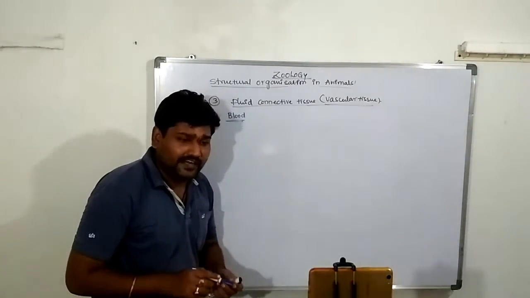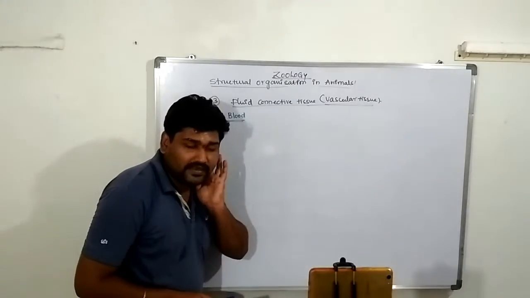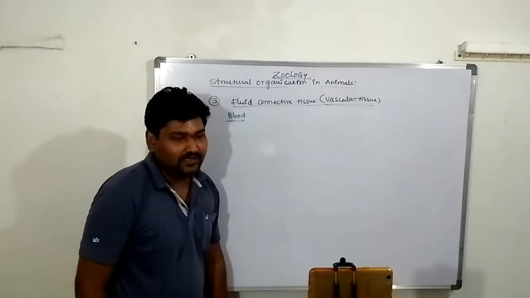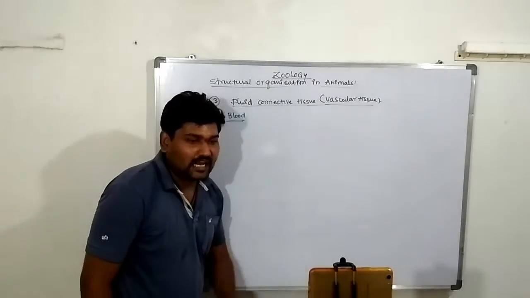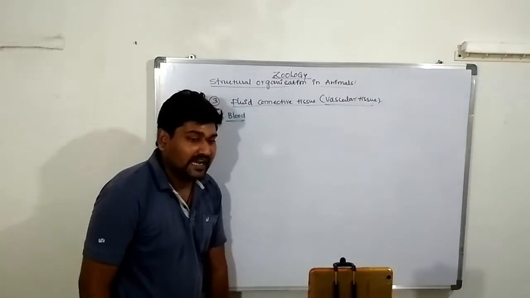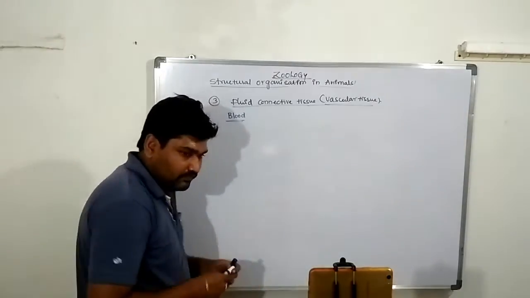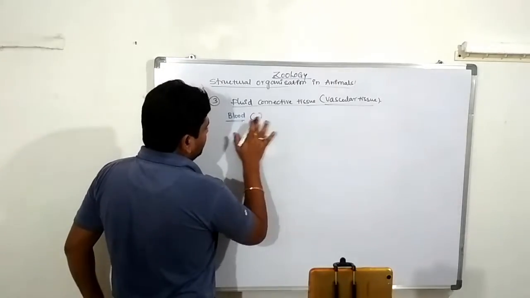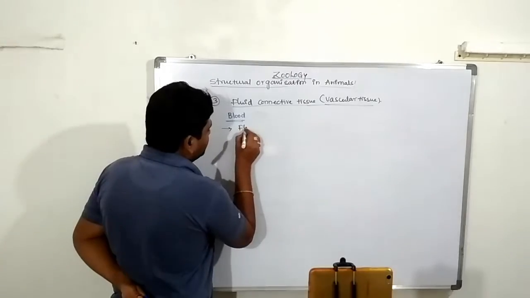Blood is one of the fluid connective tissues. It is approximately 4.5 to 5 liters on average in human beings. Males have 5 liters and females have 4.5 liters of blood.